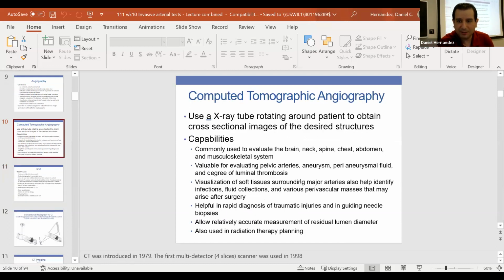With the CT, we can also get images of the structures around the vessels themselves. It's commonly used for things like the brain, the abdomen, spine, neck, chest. We can use it for the musculoskeletal system as well. It's very good in evaluating a lot of the pelvic vessels, aneurysms, again, looking at the brain.